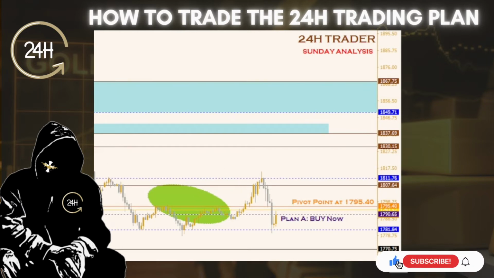If you'd like to be safe, you can put your take profit at the pivot point. That will be the first take profit. The pivot point is at 1795.40.